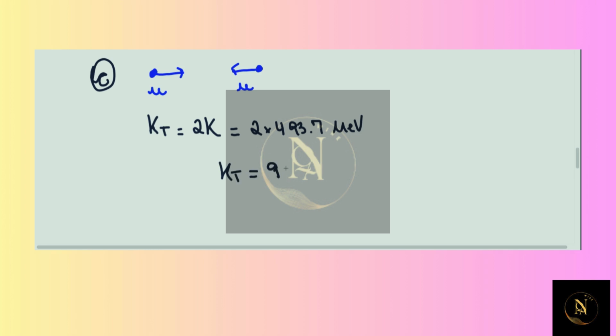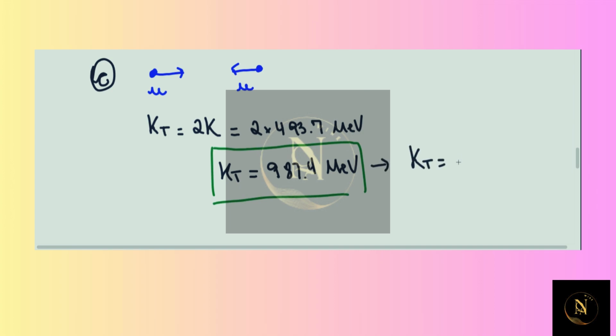This is 987.4 megaelectron volts. Now this is exactly 1 times the mass of the two K's. We get a combined mass of the two K's. And this concludes our exercise.